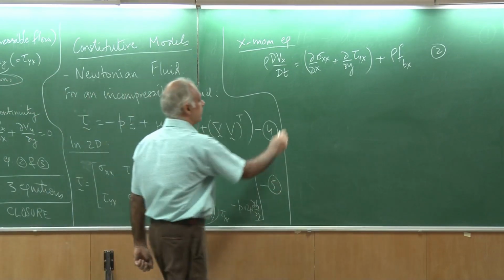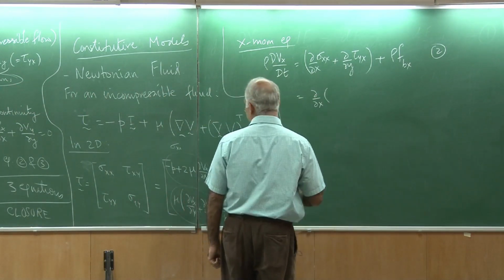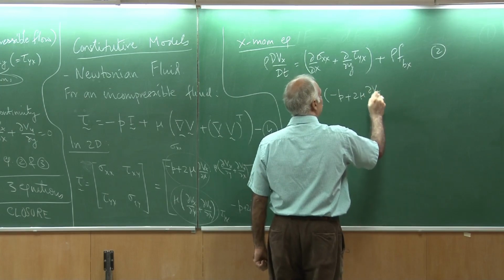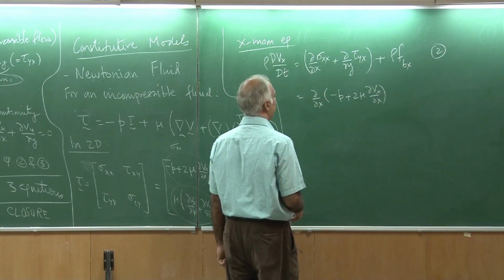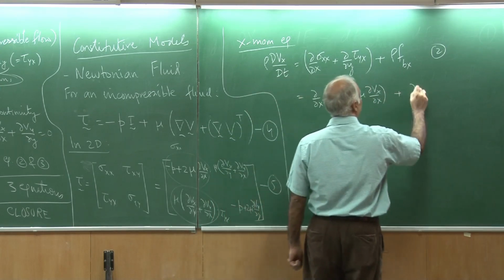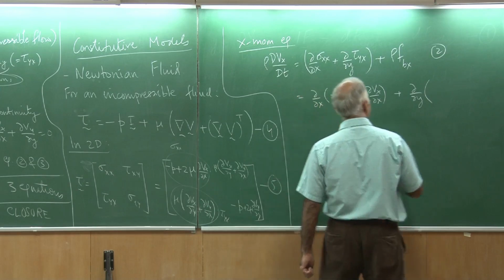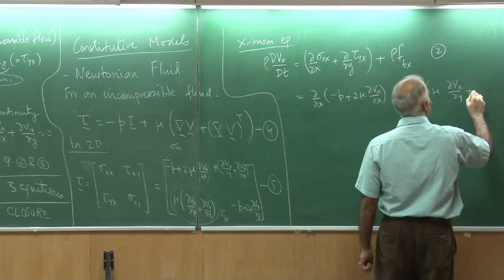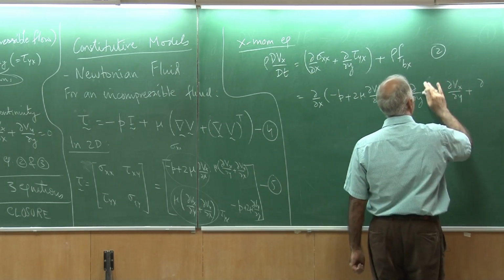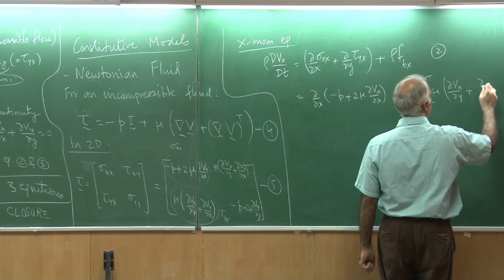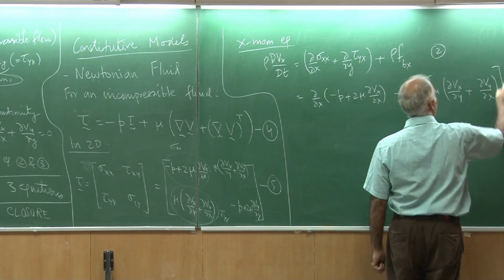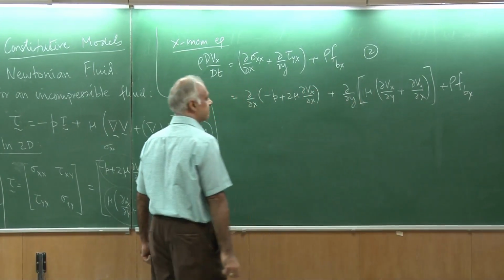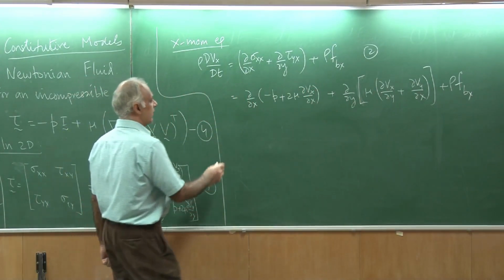All right. So, sigma xx is minus p plus twice mu del Vx by del x, and del by del y of tau yx is simply mu times del Vx by del y plus del Vy by del x, so maybe I put a bigger bracket here, and of course rho f bx. Okay. So, let me simplify these terms here.